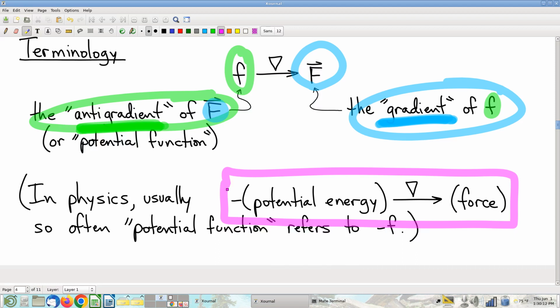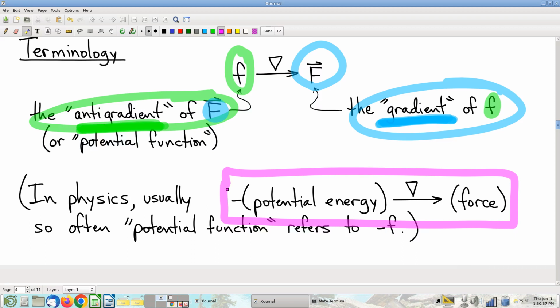You're probably aware of potential energy. Near the surface of the earth, in this room for example, altitude pretty much tells you potential energy. The higher the altitude, the more potential energy it has. Well, if you take the potential energy function and compute its gradient, that's going to be strongly related to the gravitational force.